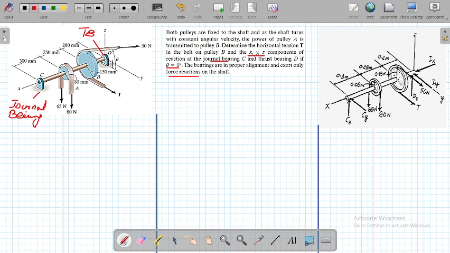Now for the thrust bearing, from this FBD we can easily see we will not get 5 unknowns, we will get 3 unknowns, Dx, Dy, Dz, and no 2 couple moments. So this is the mechanics that is very important, the reactive components of the journal bearing and the thrust bearing. How do you get these 2 unknowns and 3 unknowns over here?